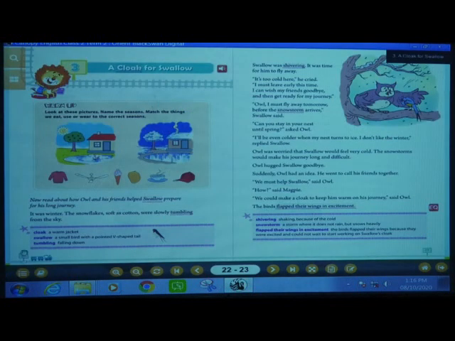So, what do we mean by cloak? Let's revise the meanings. Cloak meaning a warm jacket. Swallow meaning a small bird with a pointed V-shaped tail. Tumbling meaning falling down.